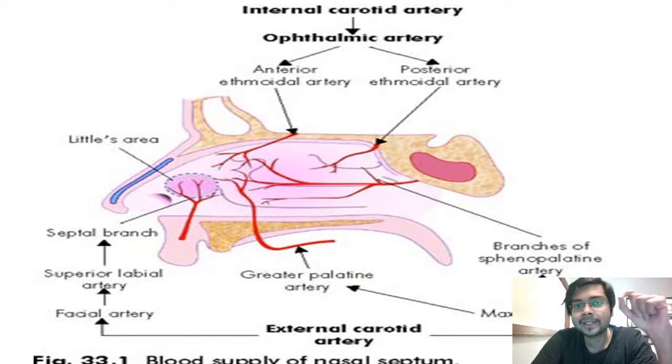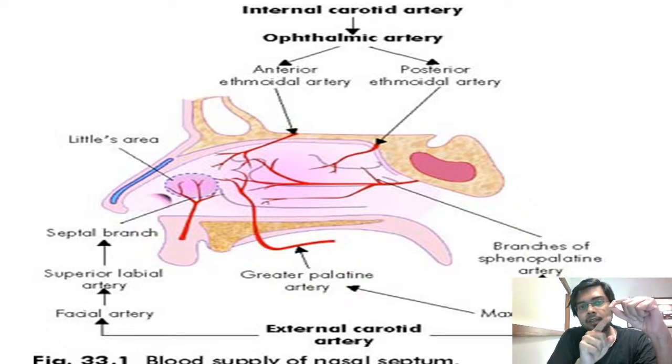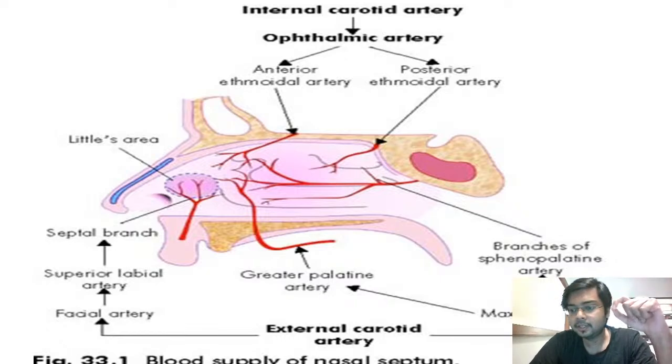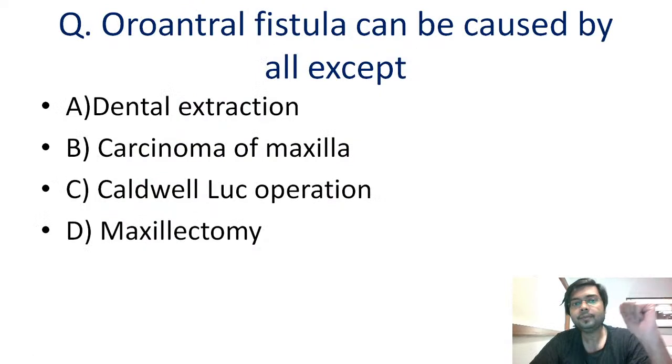You know that the sphenoid sinus ostium lies 1.5 centimeter above the upper limit of the choana, and that is where Woodruff's plexus is present. So the blood supply is through the sphenopalatine artery. The sphenopalatine artery is also called the artery of epistaxis.